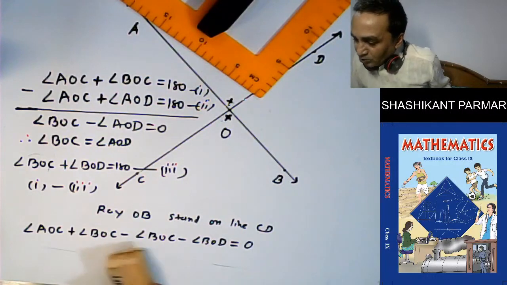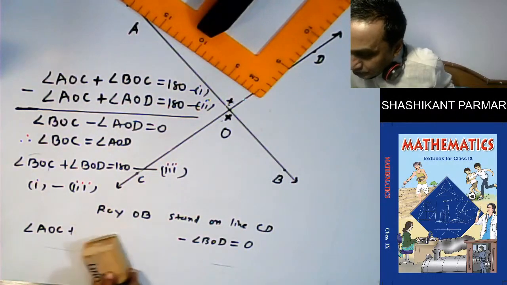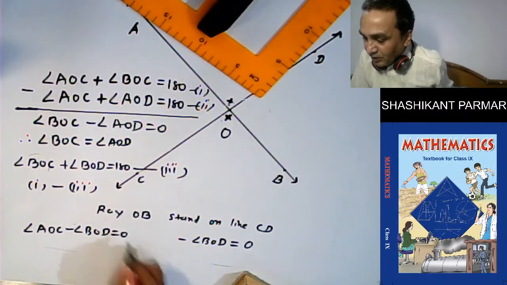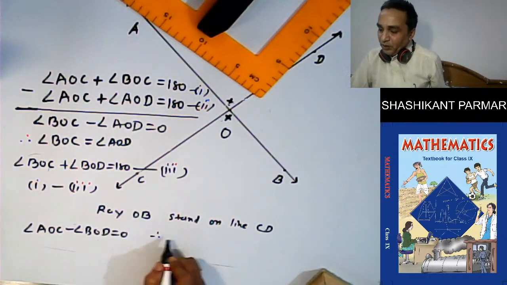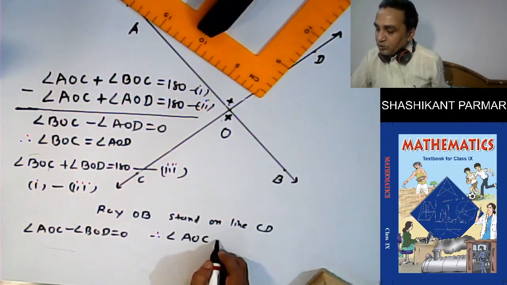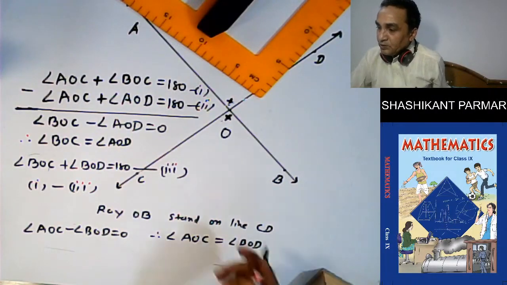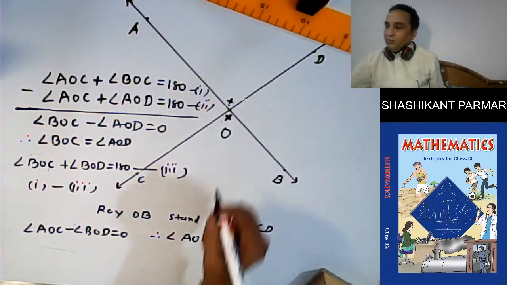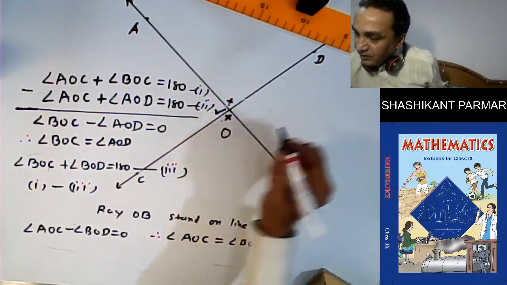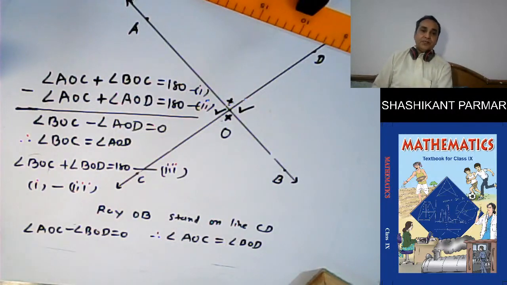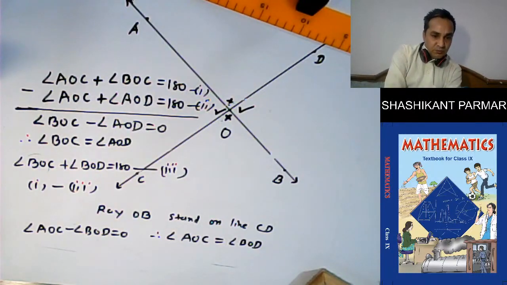BOC minus BOC is 0, so BOD is written with the opposite sign. Therefore angle AOC is equal to BOD. What is AOC? This angle, and BOD, this angle. So the second pair of vertically opposite angles is also equal. So this proves the theorem.